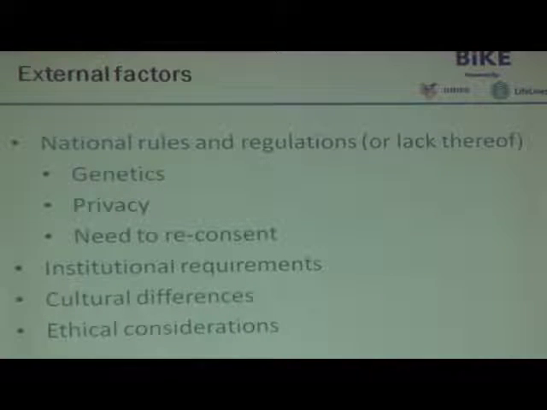So if you have a broad consent for a biobank and then you want to do research on a particular subject, in many cases you need to reconsent the participant. And you can understand, if you have a big collection like the German National Cohort, with 150 to 200,000 participants and 100 research projects a year, you can't go back to your participants every time. But this is sometimes the rules, so you need to have that clear. Next slide, please.